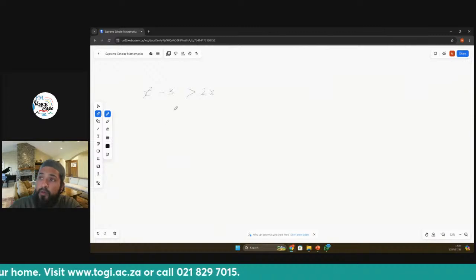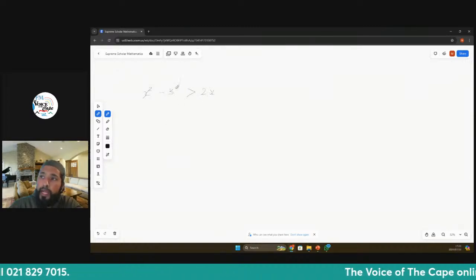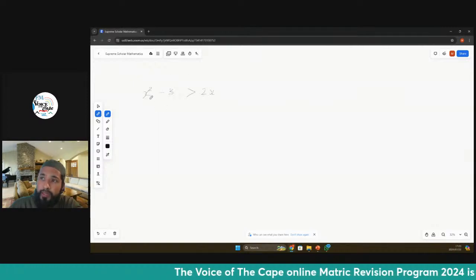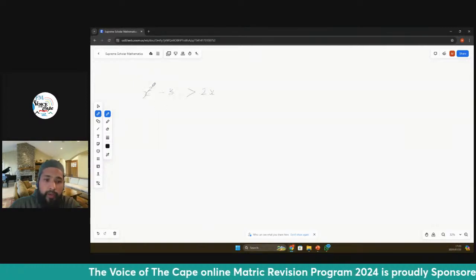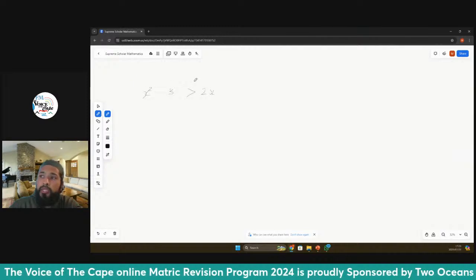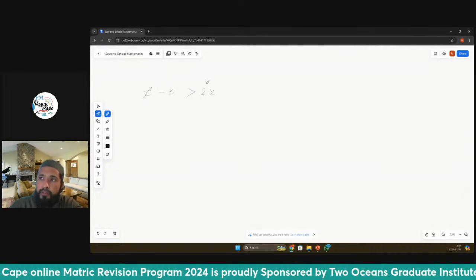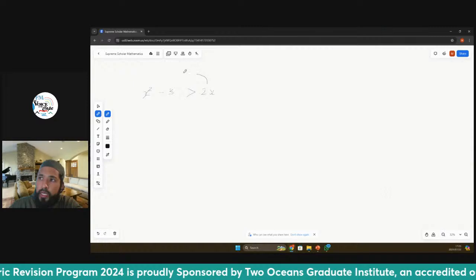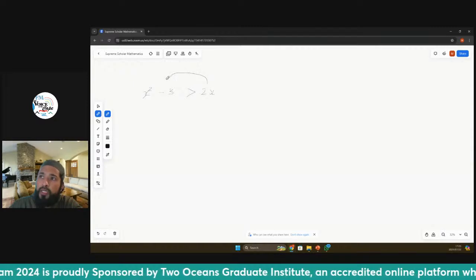The first thing you could do is try to get this in standard form, where you have all the terms on one side, especially when you're dealing with a quadratic, and you have 0 on the other side. So it's simply the case of us taking over the 2x.